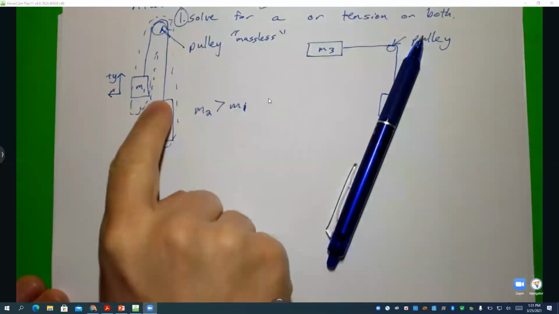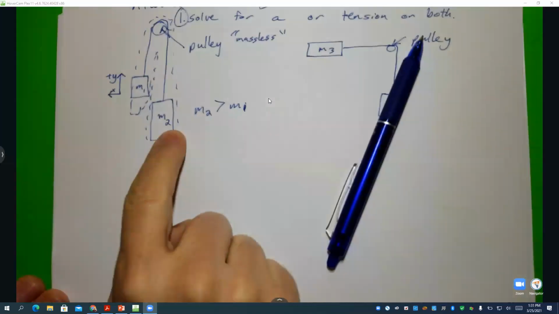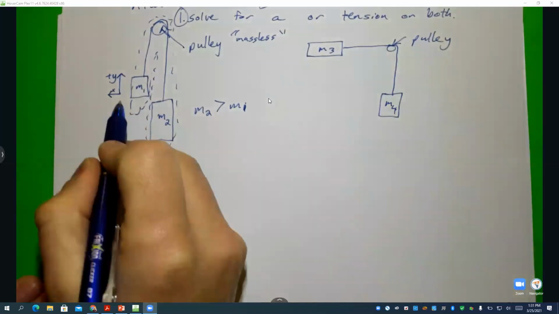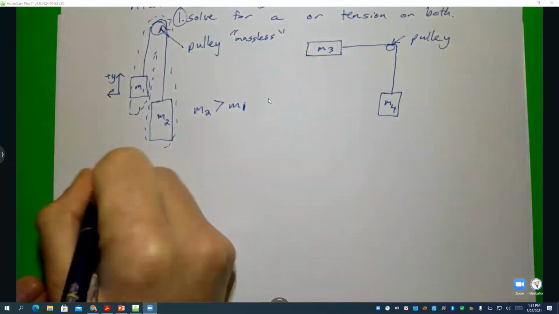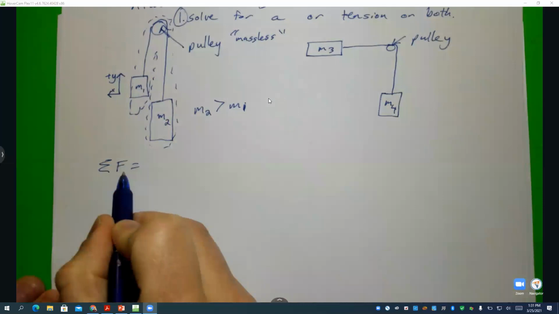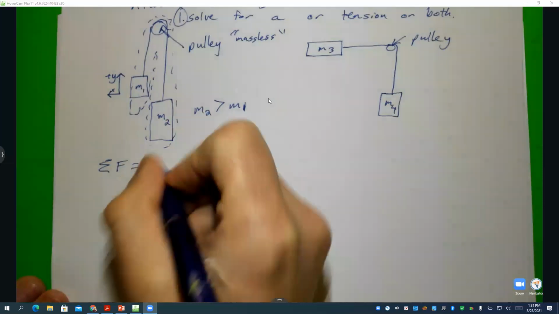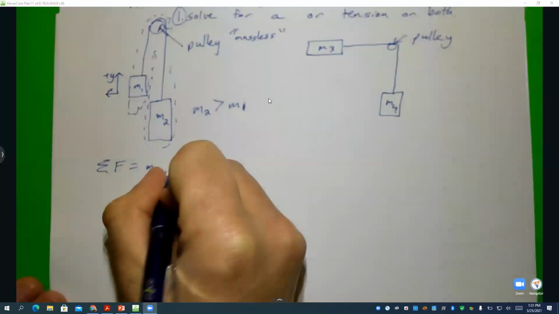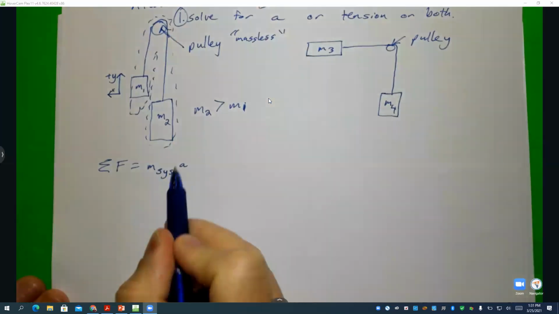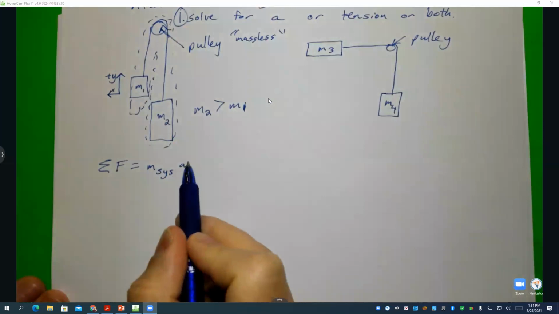It doesn't really matter what direction you call it, as long as you keep this all consistent. So to figure out the forces, you would solve for the net forces, and that is going to equal the mass of the whole system times the acceleration of the system. That's how you would figure out what the acceleration is.